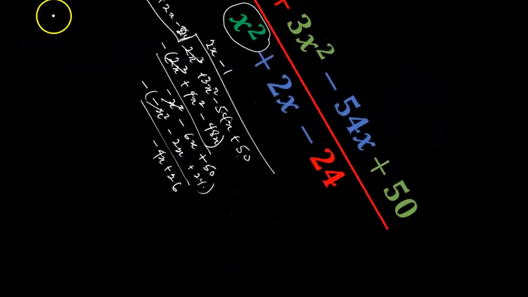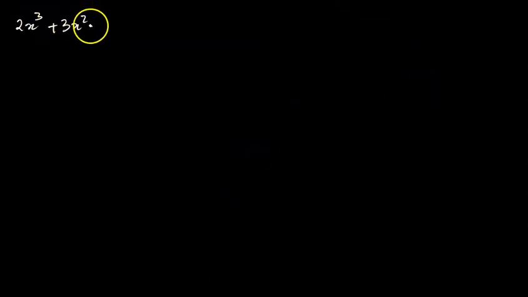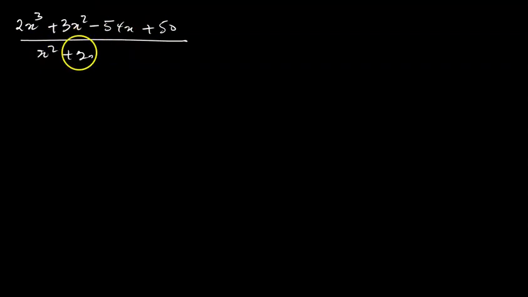So I can now interpret my fraction, which is 2x raised to power 3 plus 3x squared minus 54x plus 50 over x squared plus 2x minus 24.